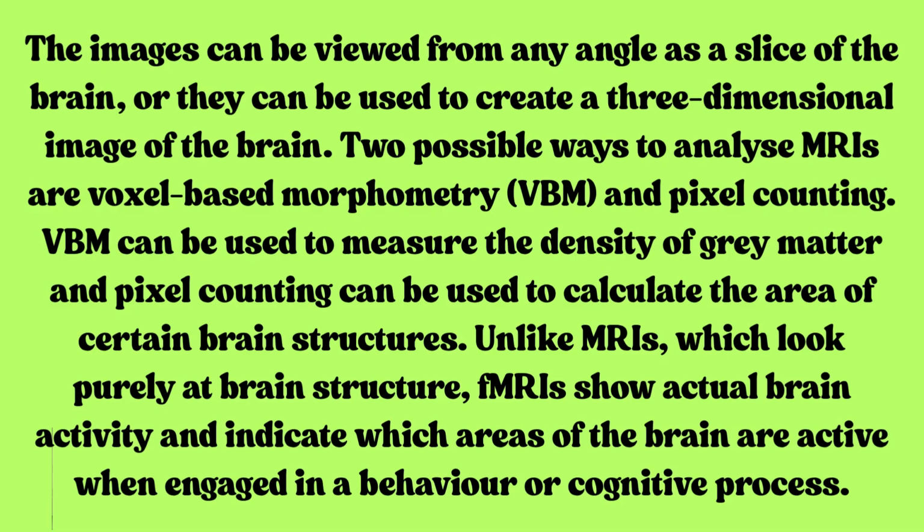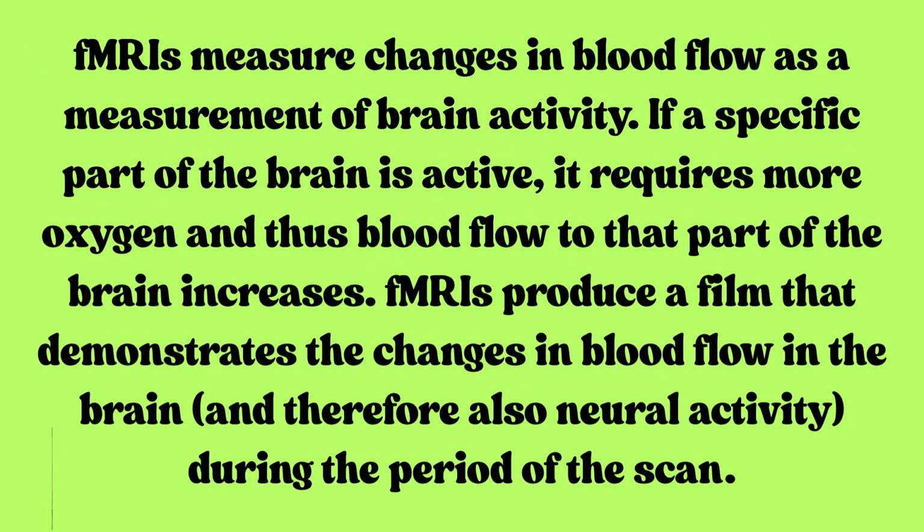Two possible ways to analyze MRIs are voxel-based morphometry, that is VBM, and pixel counting. VBM can be used to measure the density of gray matter, and pixel counting can be used to calculate the area of certain brain structures. Unlike MRIs, which look purely at brain structure, fMRIs show actual brain activity and indicate which areas of the brain are active when engaged in a behavior or cognitive processes. fMRIs measure changes in blood flow as a measurement of brain activity.